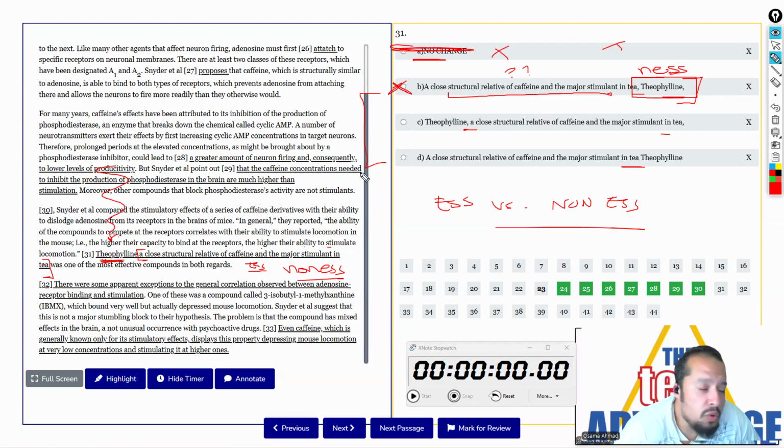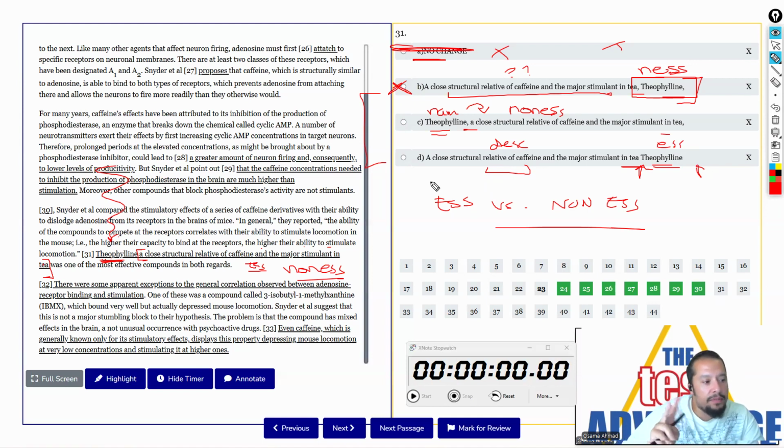So we have two answers. Answer C gives us the name and the description after it is non-essential. And answer D gives us the description but the name is made essential because there are no commas. You have to see the difference in structure.